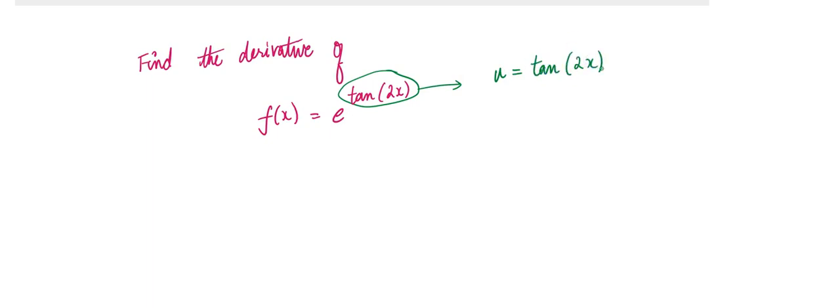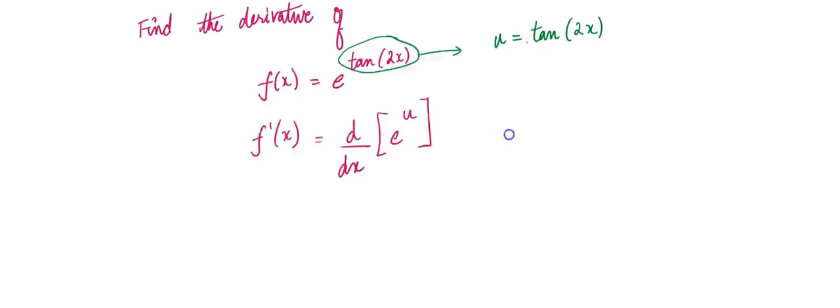Okay. So keeping that in mind, you are then trying to find f prime. Let me write that down here. f prime of x is what we're trying to find, the derivative, right? Which is, again, for variety, I'm using the d notation. You're trying to find the derivative of this e power u, right? I'm calling this u because it's something else than x.